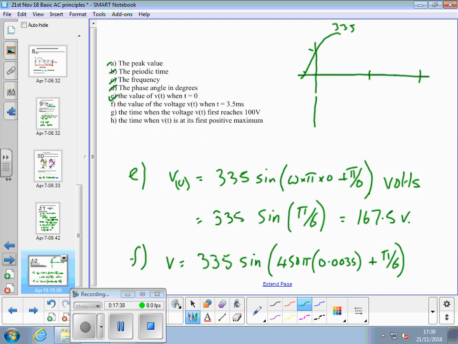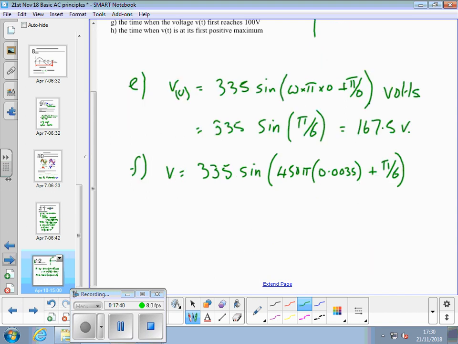So it's just a matter of knowing that you've got to put that in for the time. If you prefer, you might want to use 3.5 times 10 to the minus 3 in there for the time.